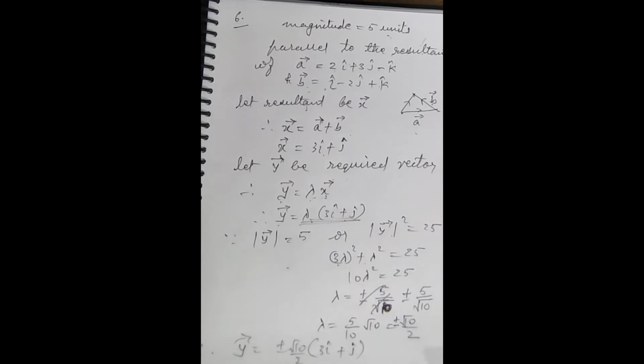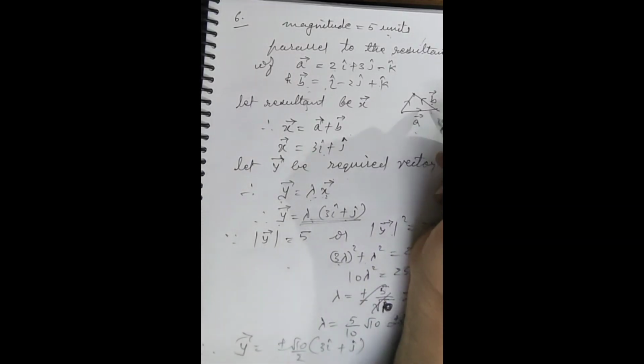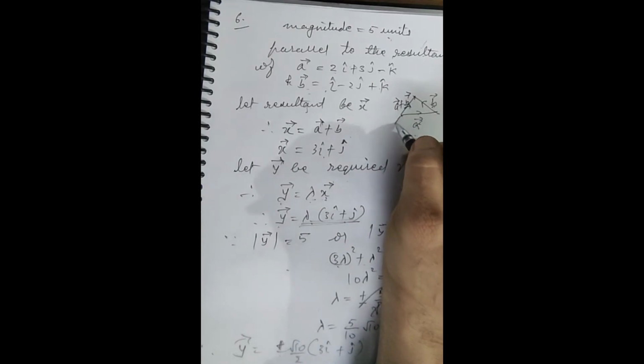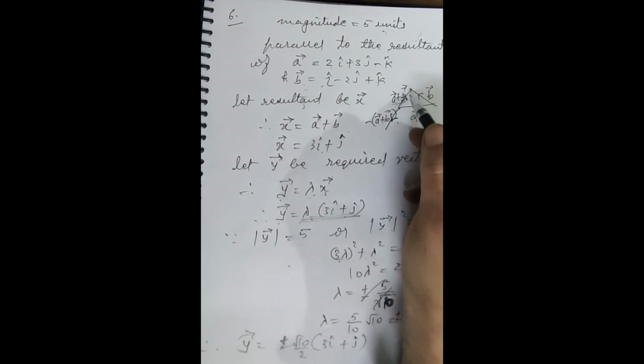Now basically it's given that this y is in the direction of the resultant of A and B. If I take the plus sign, it means A plus B, the resultant of A and B. If I take the minus sign, it means the opposite vector with equal magnitude of A plus B, means if I change the direction, it becomes minus of A plus B. That's why it is genuine to take the plus sign only, because we are told that the required vector is in the direction of the resultant.